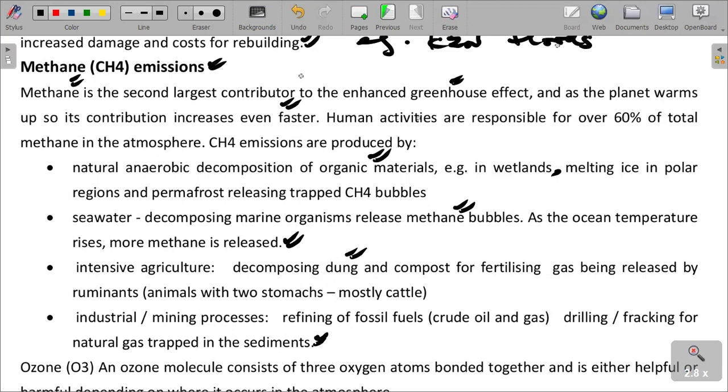Human activities are responsible for over 60% of methane in the atmosphere, which is also caused by natural anaerobic decomposition of organic material, such as wetlands, melting ice in the polar regions, and permafrost releasing trapped methane bubbles. They are a source of what? Of methane.